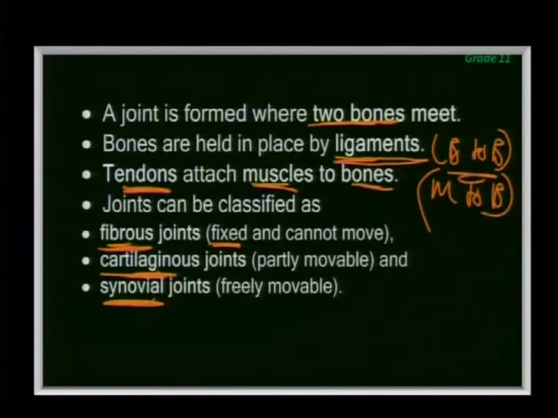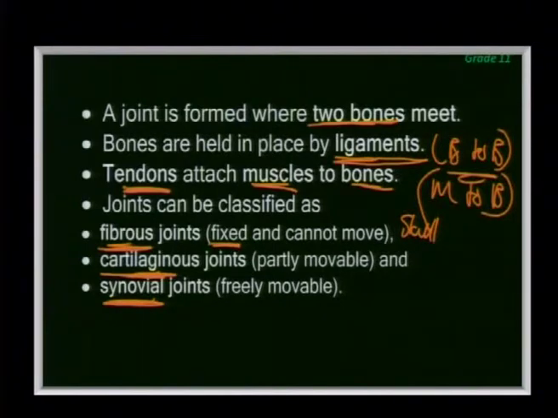While you're thinking, take your fingers and hold your skull, your cranium. Clearly the bones of your cranium don't move around. You want them to be completely fused. You don't want movement there. If there is movement, it's going to be absolute minimal. So fibrous joints are fixed. They cannot move. For example, the skull.